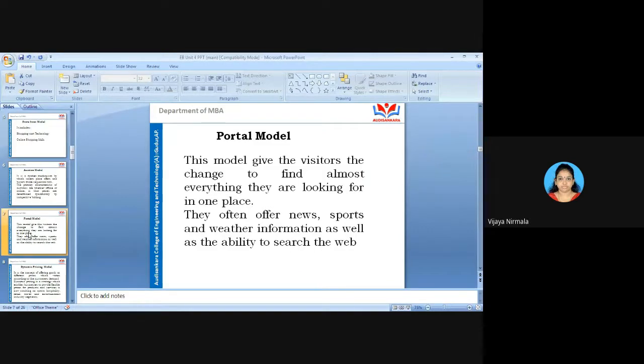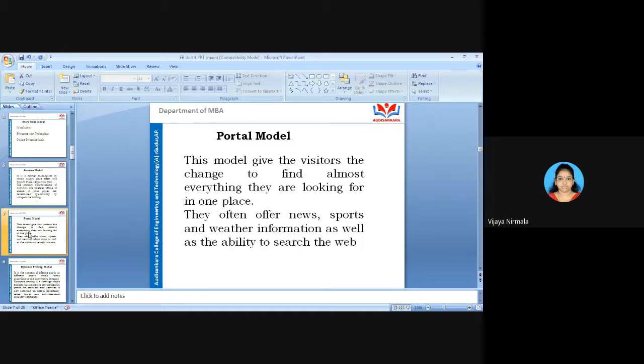They often offer news, sports, and even weather information, as well as the ability to search the web.